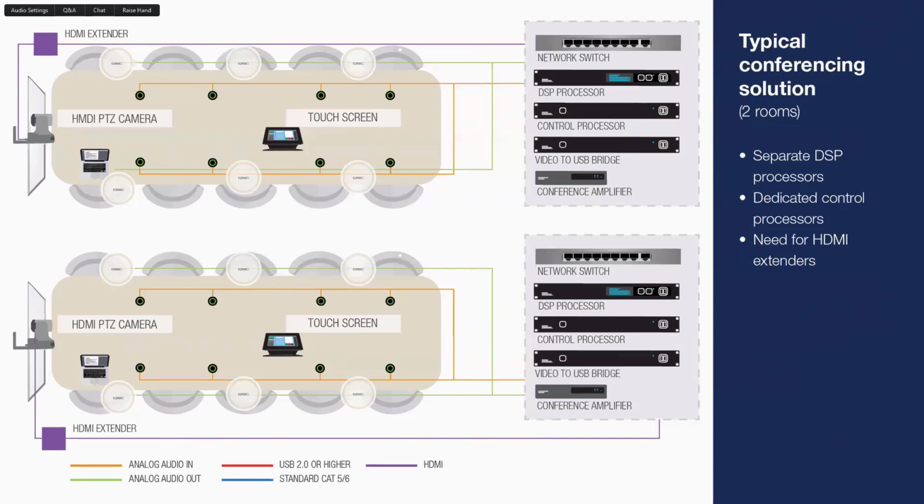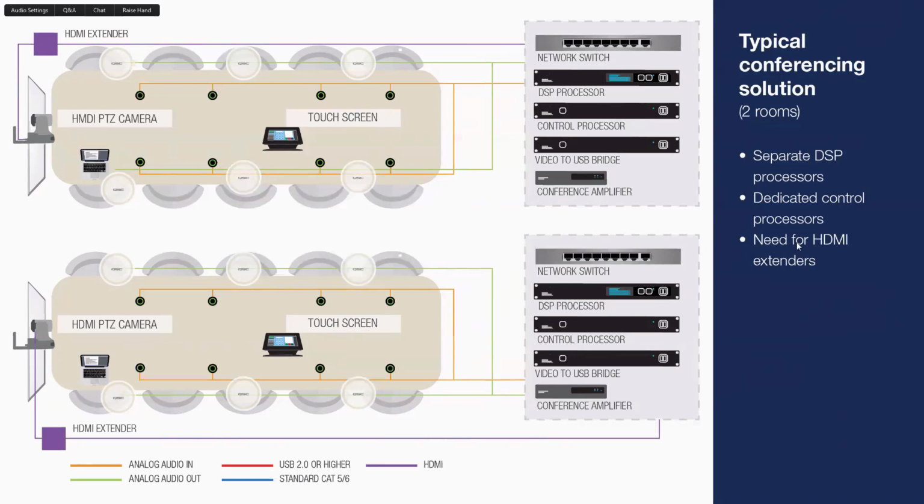So in order to simply get your PTZ camera into your soft codec, whatever platform you prefer, you end up needing a dedicated video to USB bridge, and oftentimes, especially if that's an HDMI PTZ camera, you're having to leverage HDMI extenders.